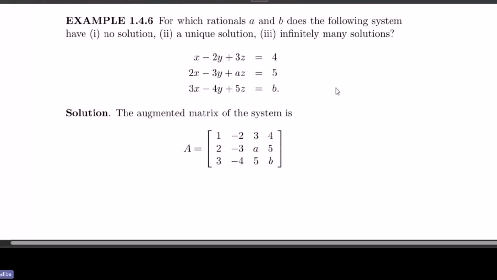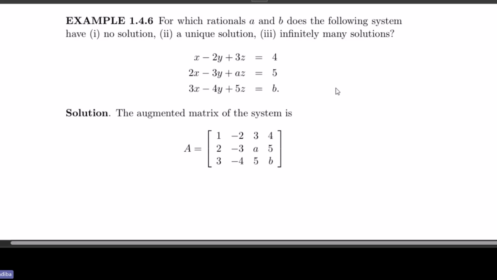Then from this matrix, the last matrix was this one. What is the difference between the matrix that I just mentioned and this matrix? The only difference is that in the third row, we just divided that third row by 8 minus 2A.